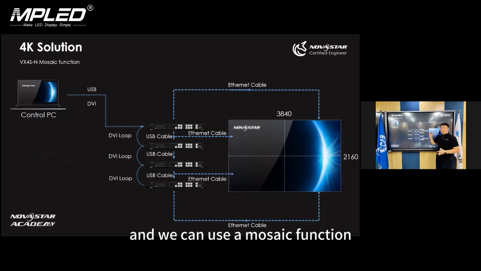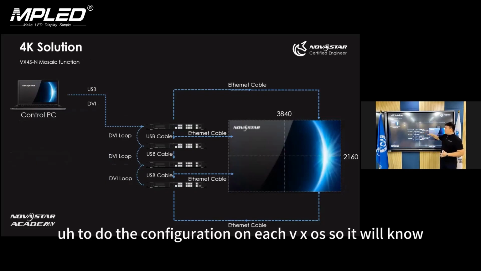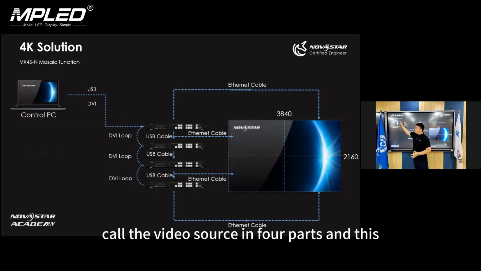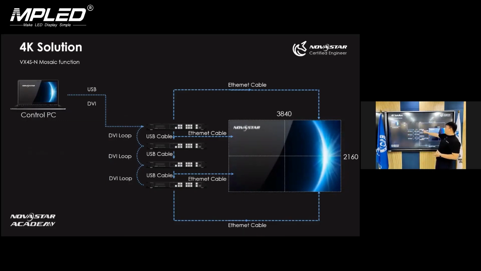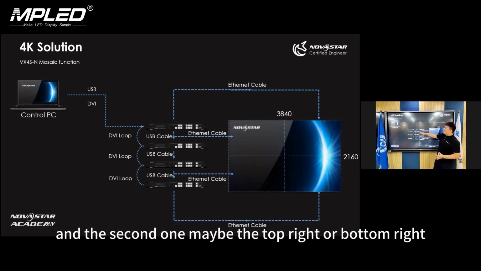We can use the mosaic function to do the configuration on each VX6S, so it will know to crop the video source into 4 parts. The first VX6S will display the top left, and the second one maybe the top right or bottom right.